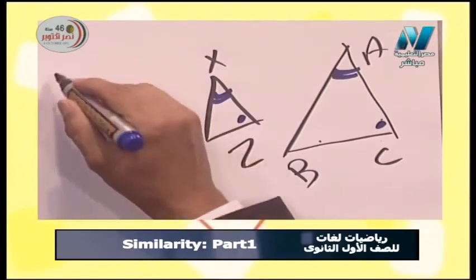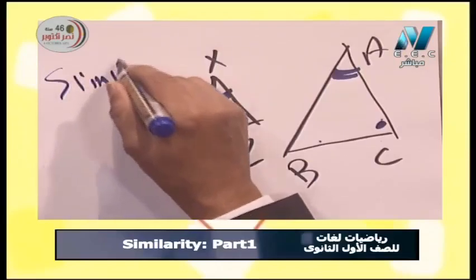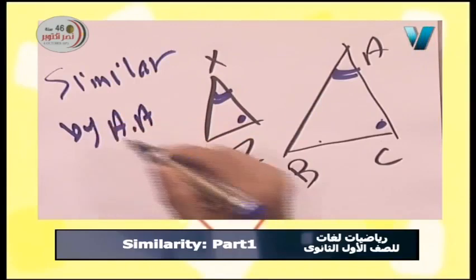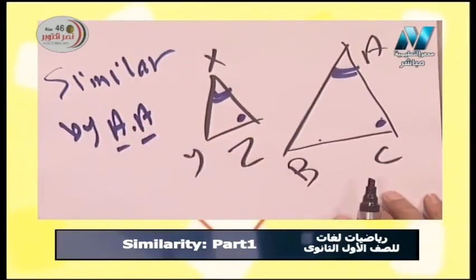Similar by what? By AA, which means two angles.